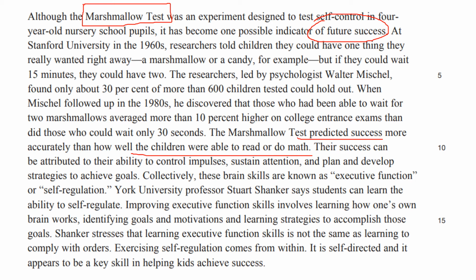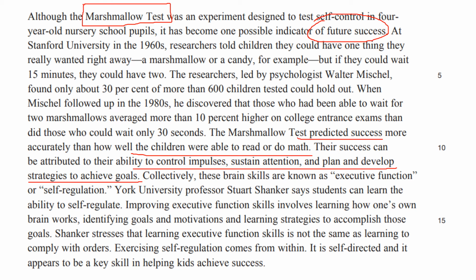You could use other details like their success can be attributed to their ability to control impulses, sustain attention, and plan and develop strategies to achieve goals. So possibly your answer is something like, the main idea of the passage is about the marshmallow test and how it was an experiment that predicted the future success of children.